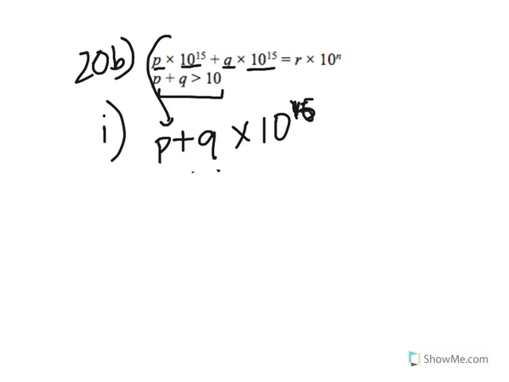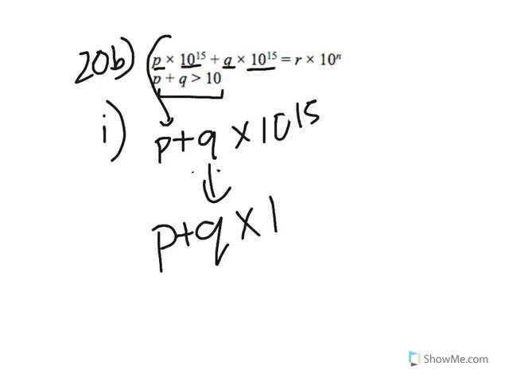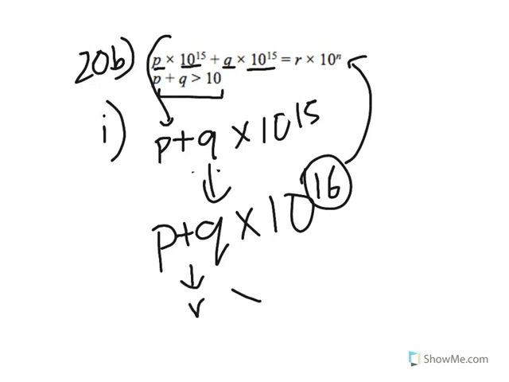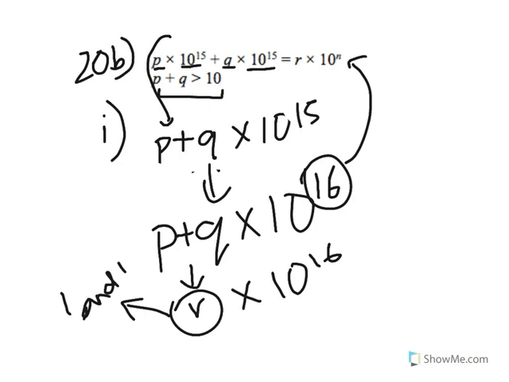So if you divide p plus q by 10, this must increase by 1, so it becomes 16. And that's what corresponds to n. So p plus q times 10 to the power of 15 can be written as r into 10 to the power of 16, because now this number is between 1 and 10, because you divided it by 10.